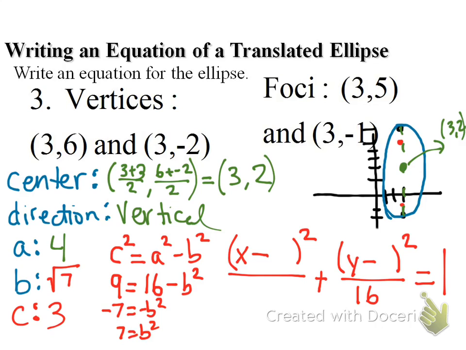I need to put B squared right here. What's the square root of 7 squared? 7. The x value of your center is what you subtract from the x. Of the center, 3. The y value of your center is what you subtract from your y, 2.